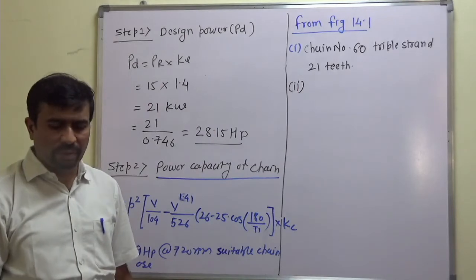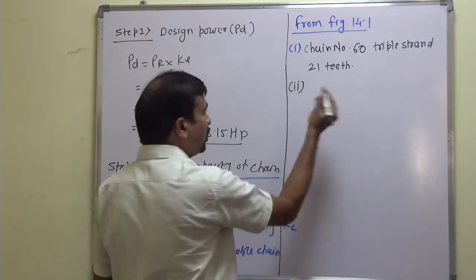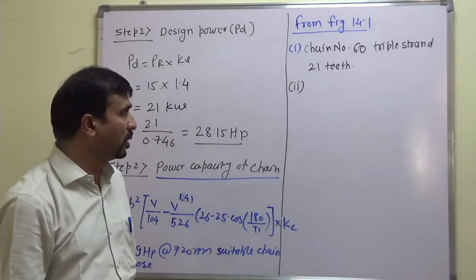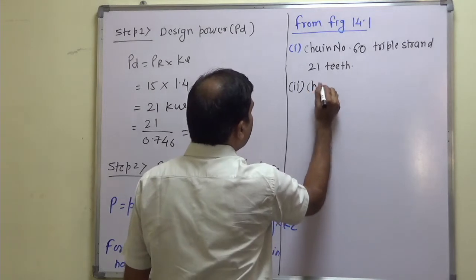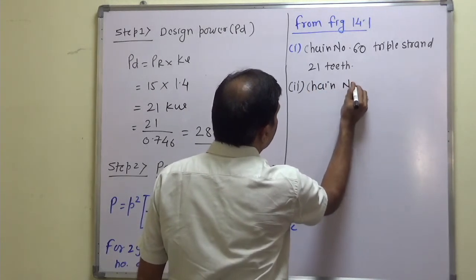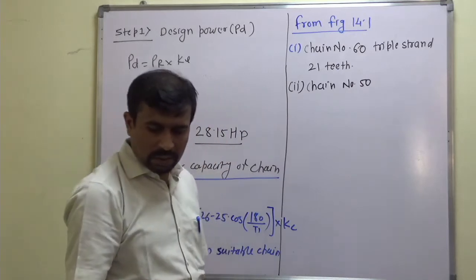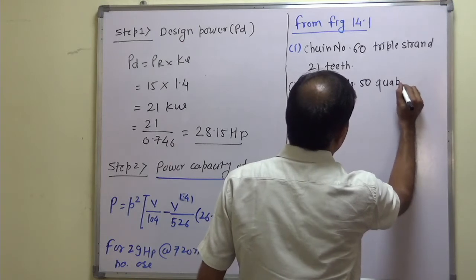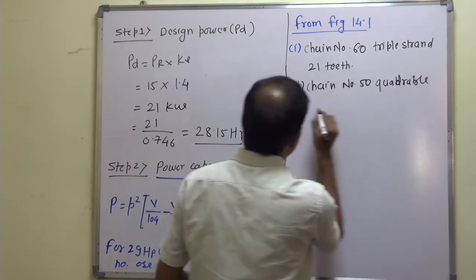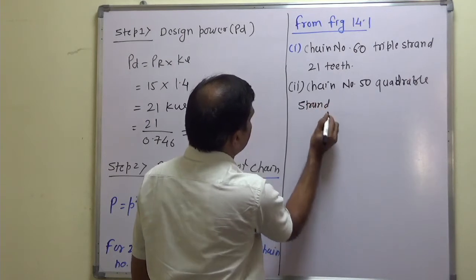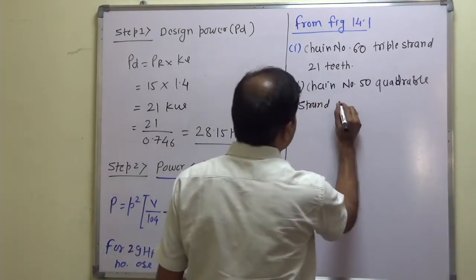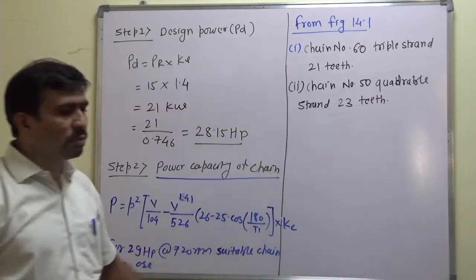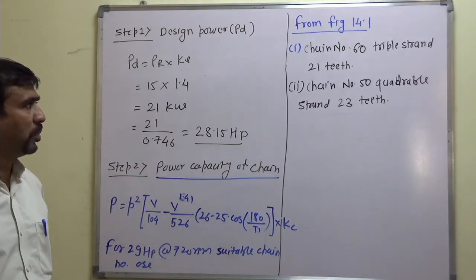So second option will be, you can have another second option also, chain number 80 or chain number 50, whatever. I am making here chain number 50. For this chain number 50, quadruple strand, and 23 teeth. Okay. So these two options are there, chain number 60 and chain number 50.